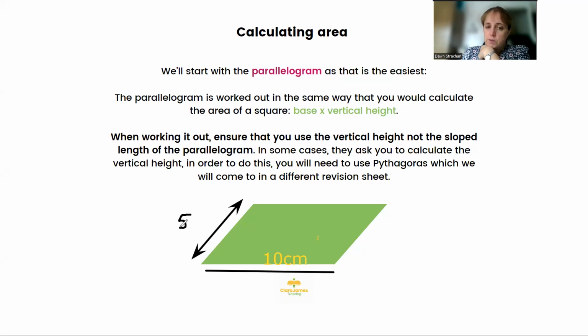If they give you this, you would need to work out this. So that would involve Pythagoras or trigonometry or something, but we'll do that in another video. For now, just make sure you use the vertical height and the base and multiply the two of them together.